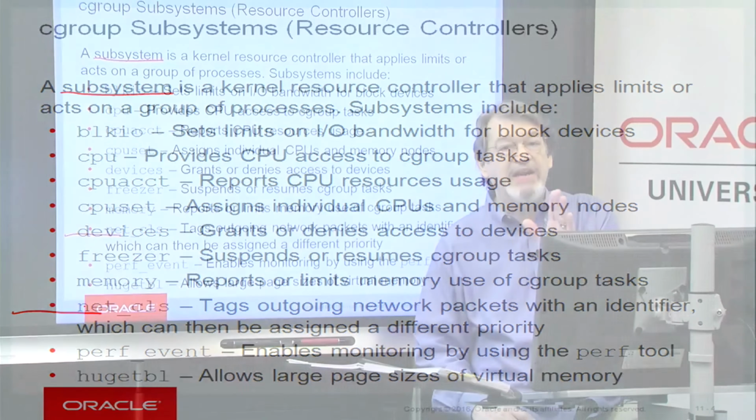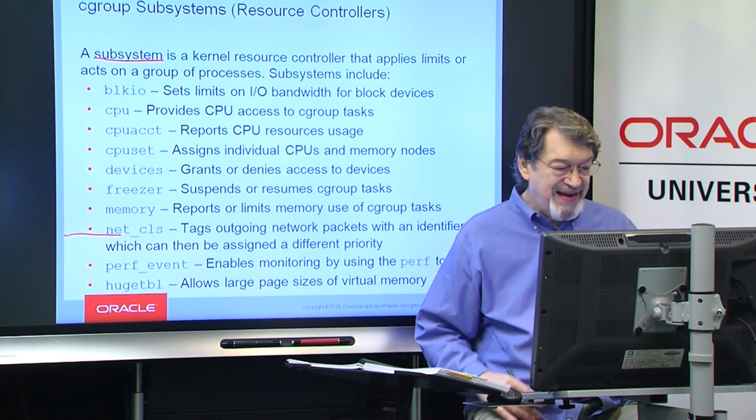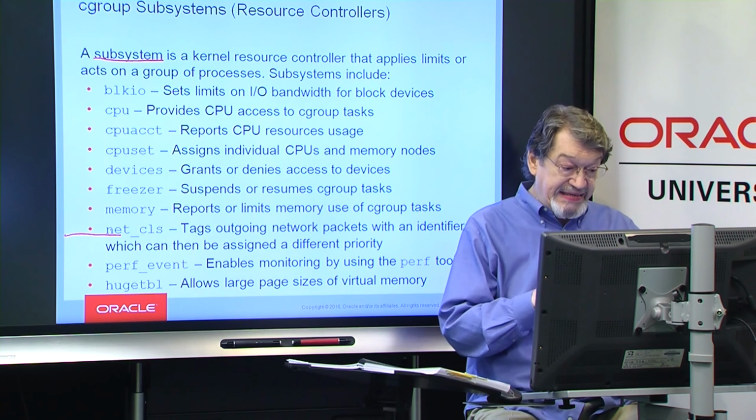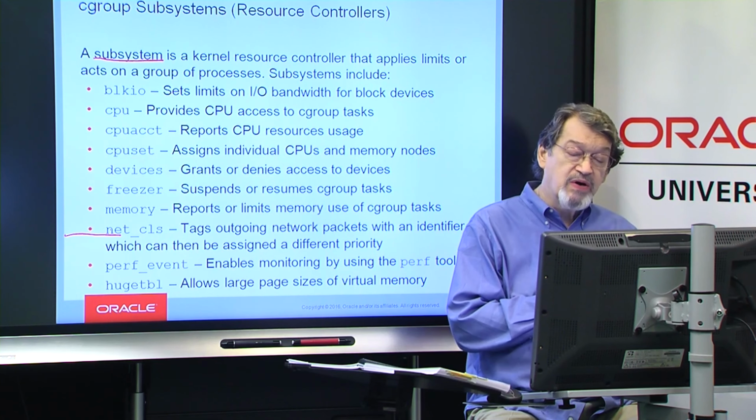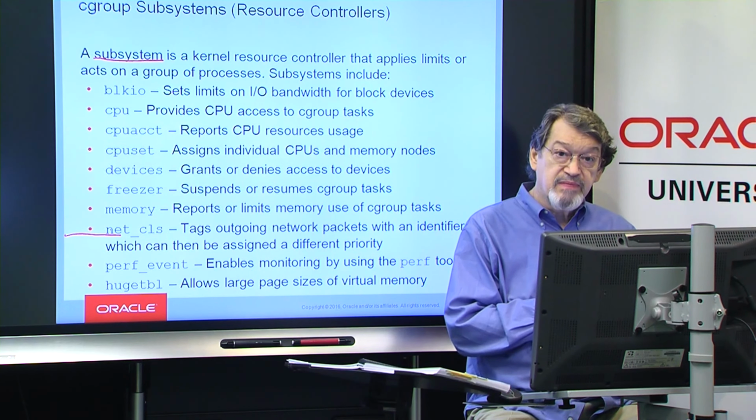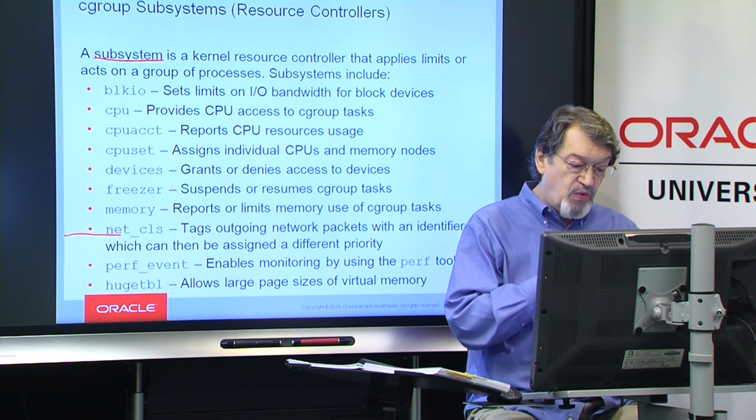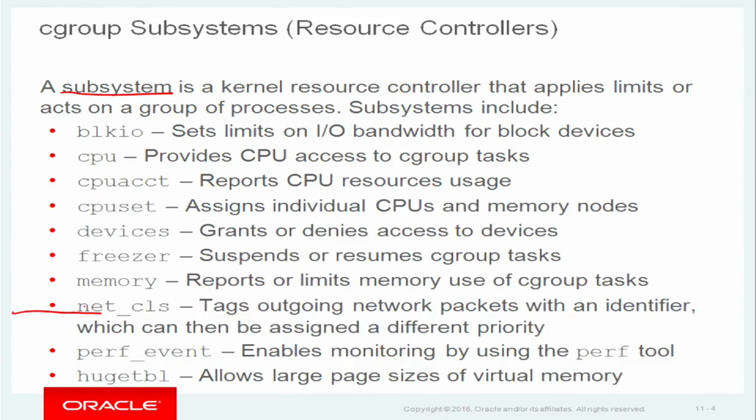You know, you got to draw the line somewhere. And so those 8 were the subsystems that were in Oracle Linux 6. And so what's been added new here in Linux 7 is the performance event, perf event, and there's now a perf tool that supports it.